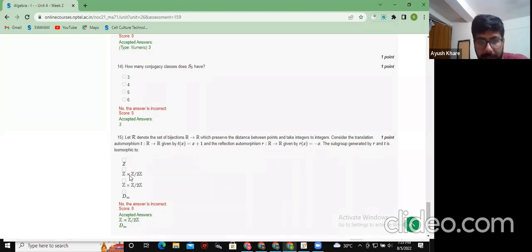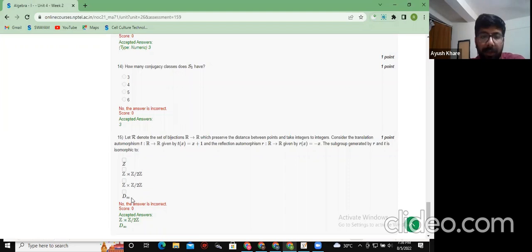Here it's written Z semi-direct product with Z modulo 2Z. Z modulo 2Z is the same as S2, because S2 is also of order 2, and all groups of order 2 are cyclic, isomorphic to Z modulo 2Z. So the correct option is Z semi-direct product with Z modulo 2Z, which is also denoted D infinity, the infinite dihedral group.